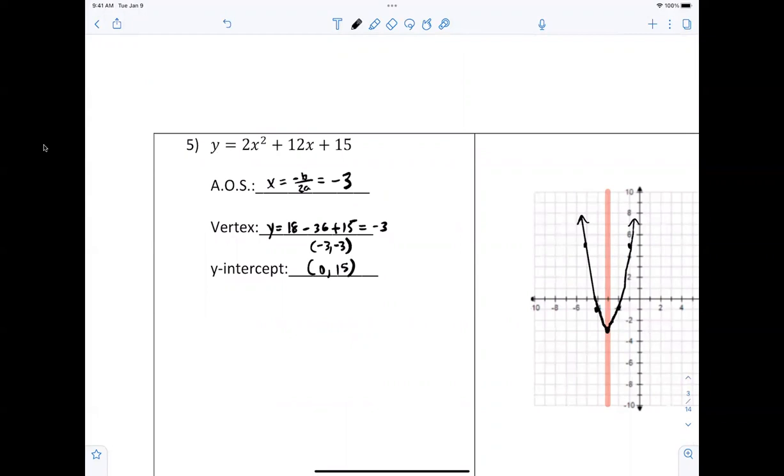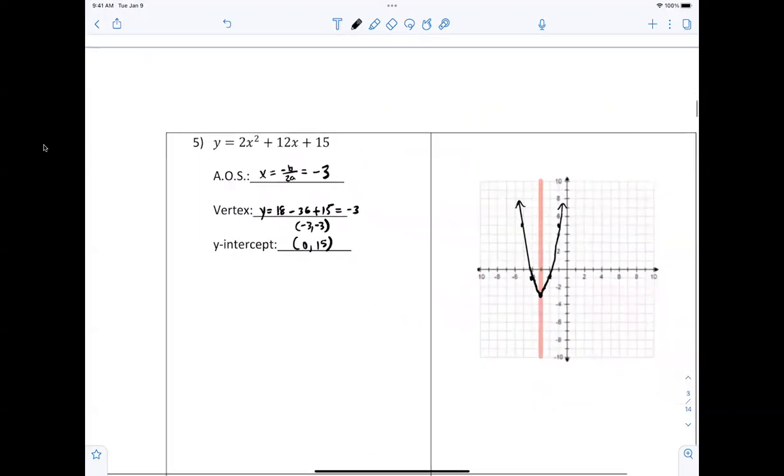What's a? 2. So what's 2 times 2? 4. So -12 divided by 4. Yeah, that's why it's -3. Okay. Then you plug -3 into the equation, get the vertex. Everybody okay with that?